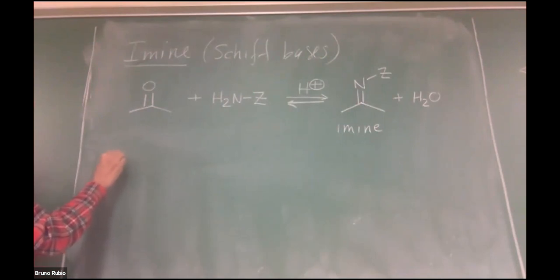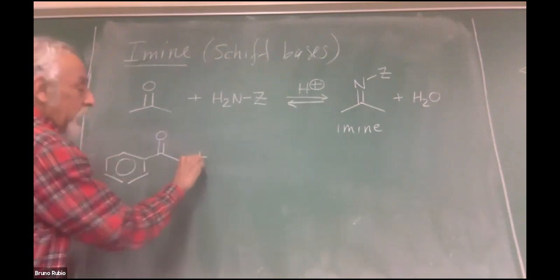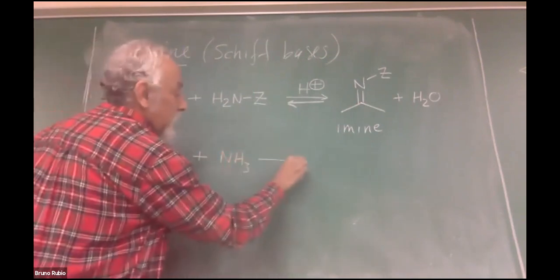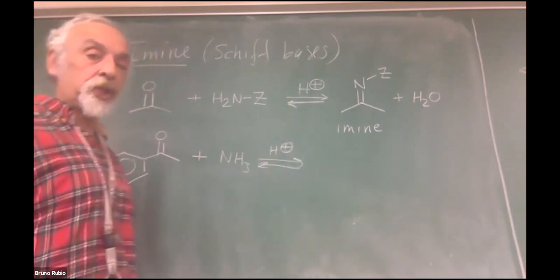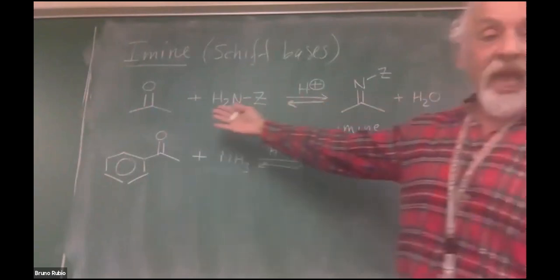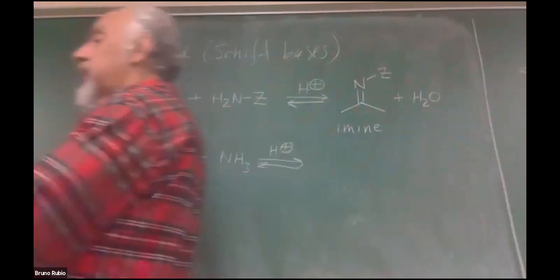Okay, so what is going to happen here when we have this acetophenone and react that with ammonia? Acid catalysis, draw the structure of the product. So you're just recognizing this pattern. You see, I've given you the recipe for the imine, so draw the structure of the product.